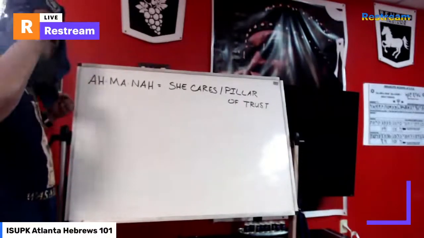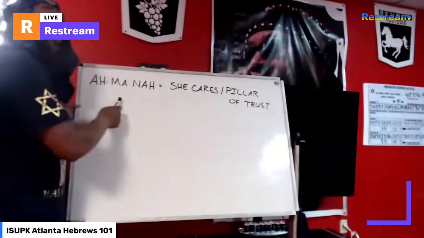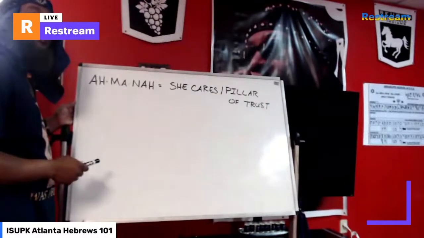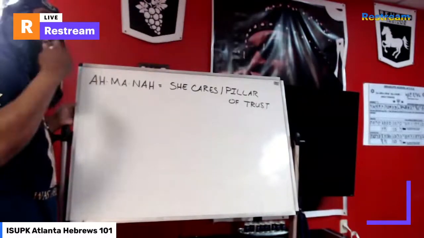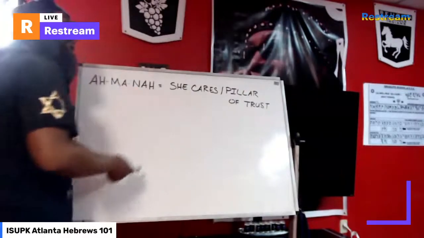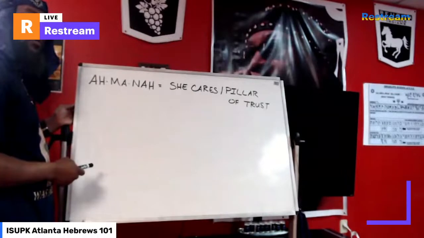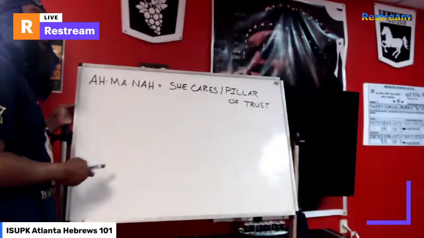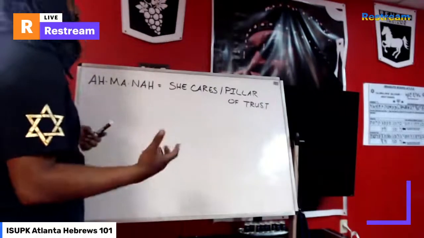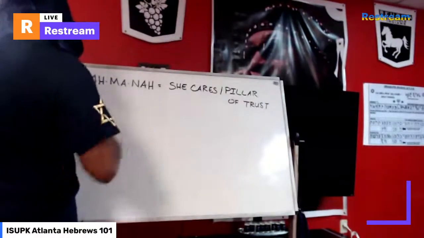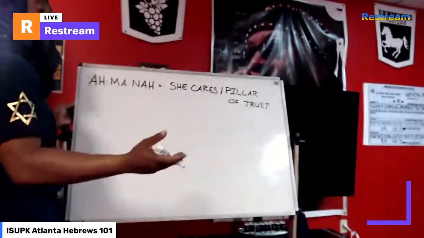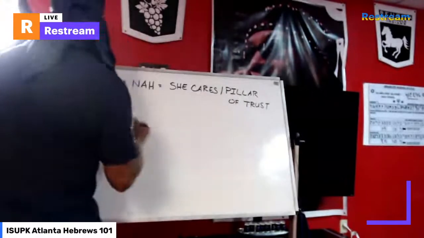Because now you know what her name means, you already know what kind of woman she is. You already know her character. Because the name speaks for itself. Everybody understand? Cool. Most High in Christ. So, Amana, she cares. Earlier we talked about being sweet. Correct? So now here's another name.